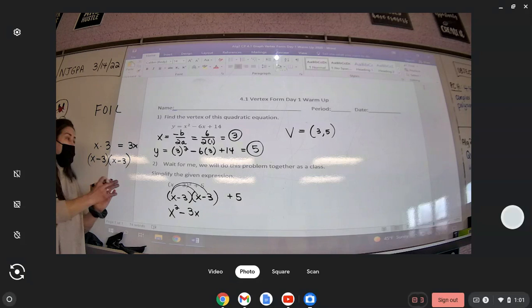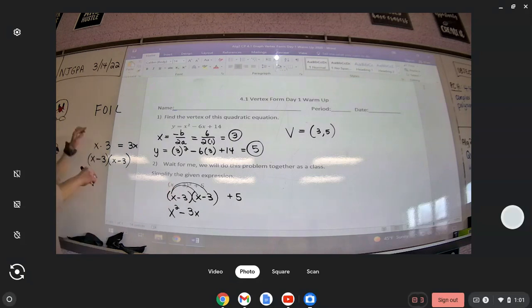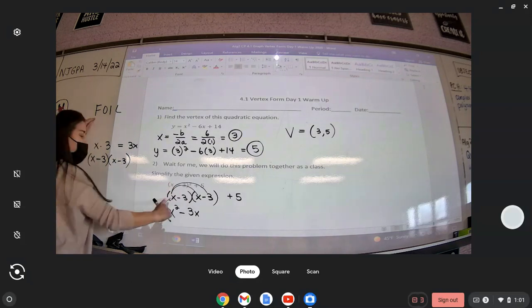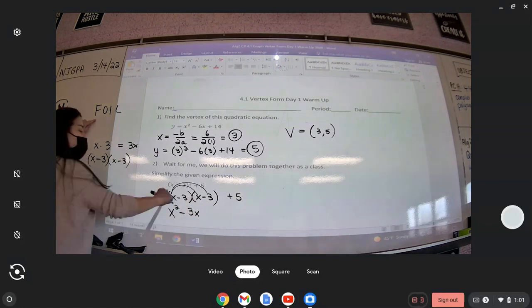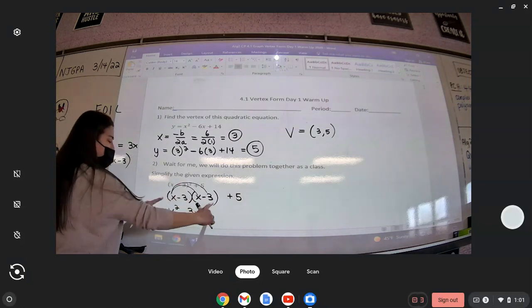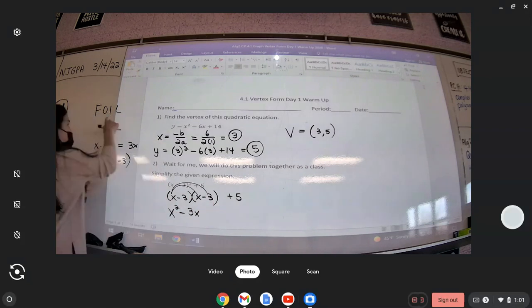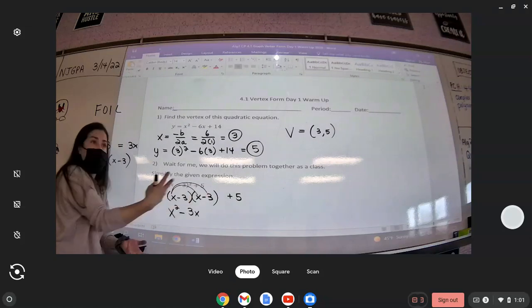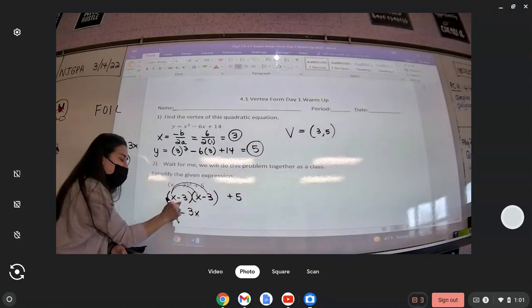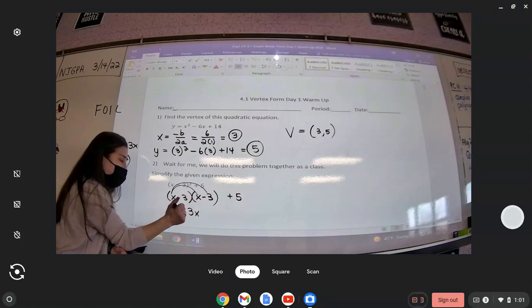All right. So that was the F and the O from FOIL. First, you multiplied the first and the first piece together and got x squared. That's it. Then you multiplied the x with the negative 3, the outside 2 pieces together. That's the O in FOIL. All right, since I've taken him and distributed to everything over here, we're done with him. Now we're going to go to the second term and distribute that to the second parenthesis.